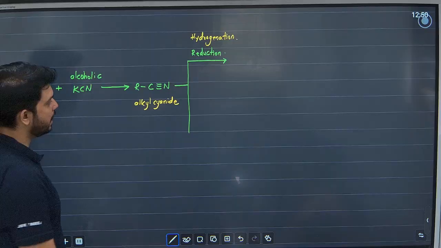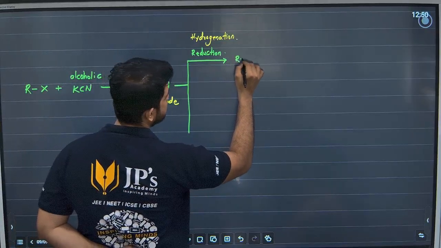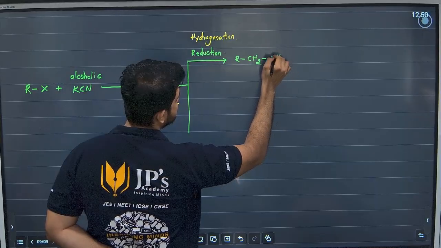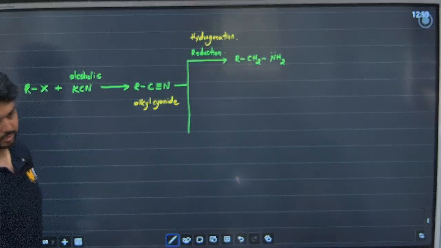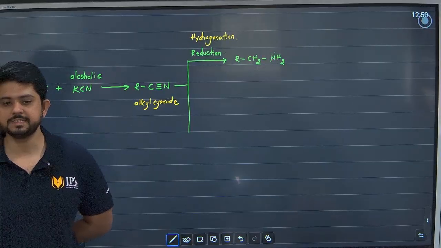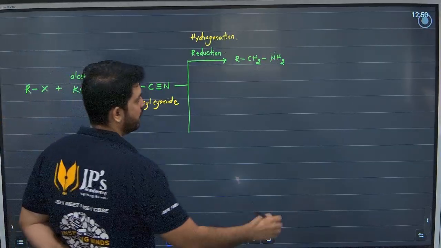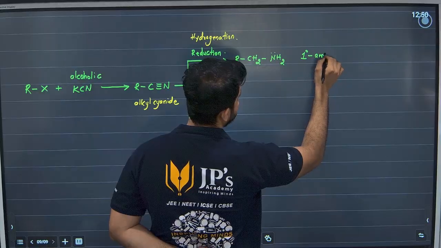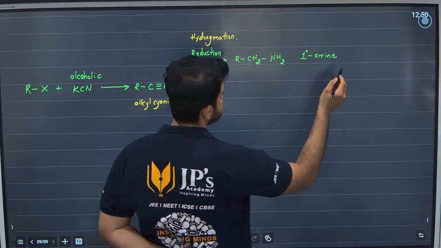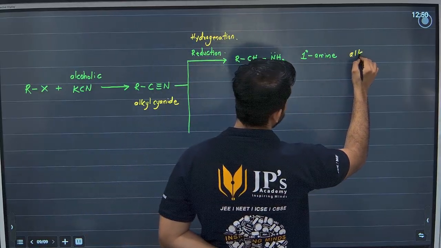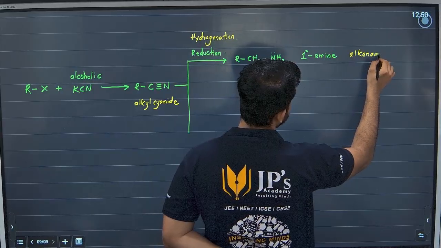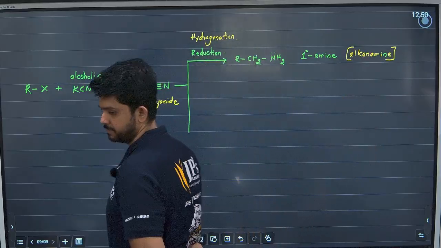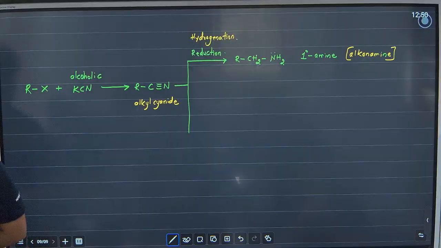What you get is RCH2NH2. What is RCH2NH2? Excellent. Primary amine. Does anyone remember the nomenclature? What did we get here? Alkanamine. Getting that?